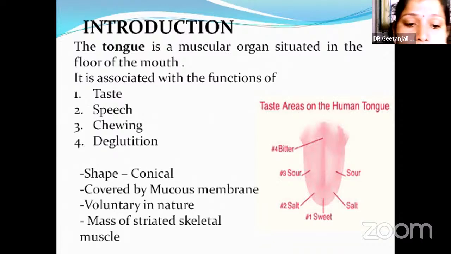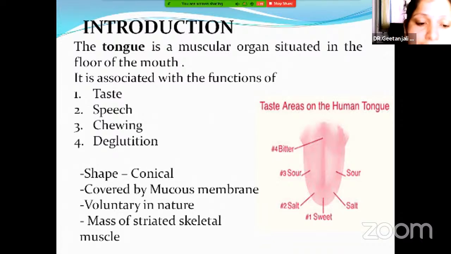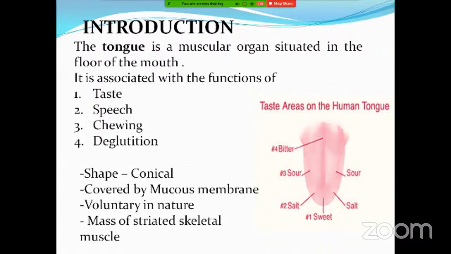In short, the tongue is a muscular organ situated in the floor of the mouth. It is covered by mucous membrane, voluntary in nature and mass of striated skeletal muscle.